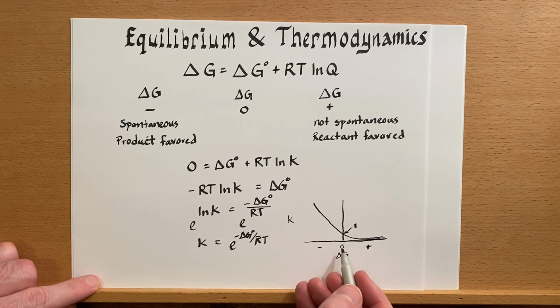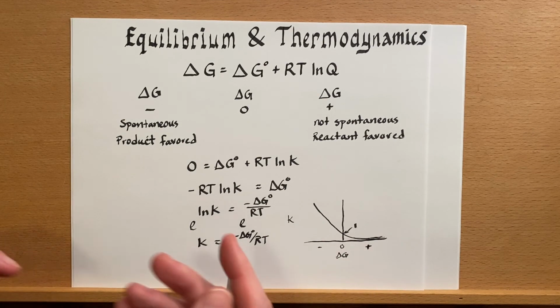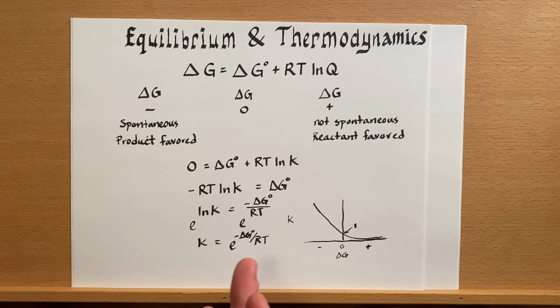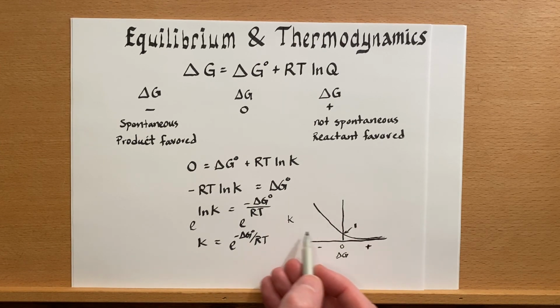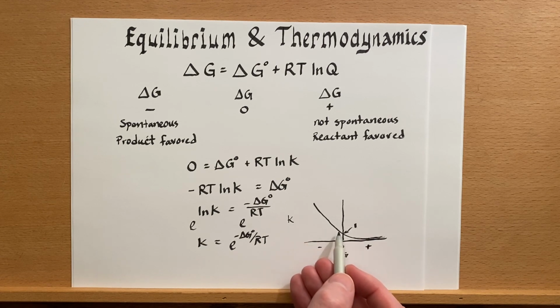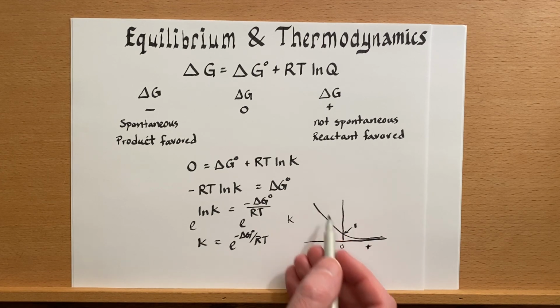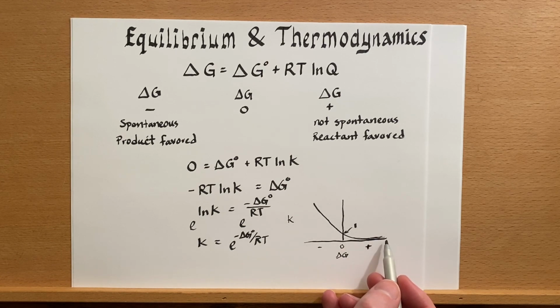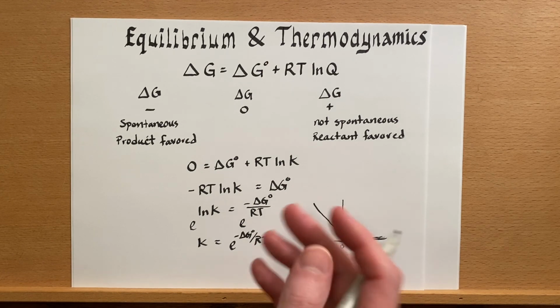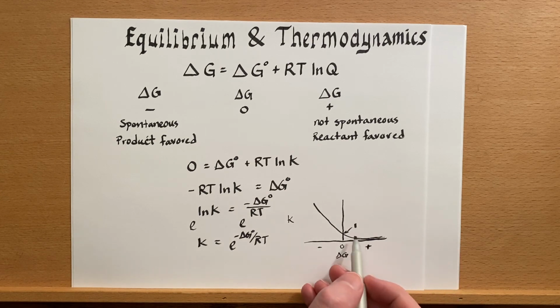And at that point, there's no real difference between being product favored or reactant favored. They're both about equally favored, and so that's why K is 1. Now, when delta G is less than 0, we see that K is greater than 1. And when delta G is bigger than 0, or not spontaneous reactions, we'll notice that K is less than 1.